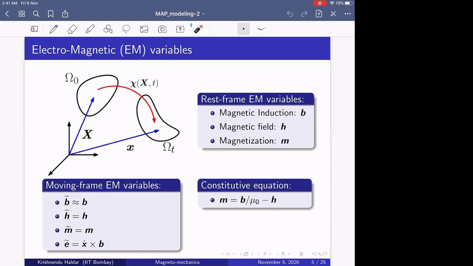Whenever the velocity at each point interacts with the magnetic flux environment, it will generate an electric field. And this is the standard constitutive equation connecting B, the magnetic flux, and H, the magnetic field, with magnetization M. Okay, that's it.